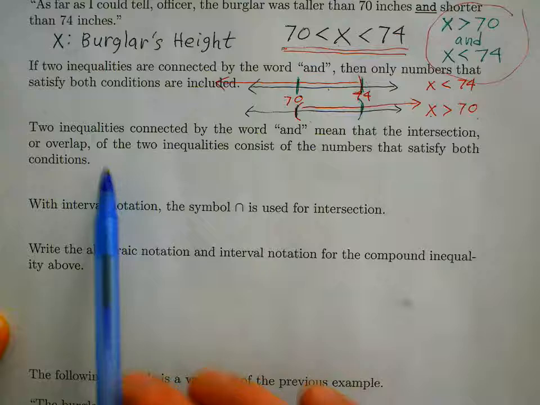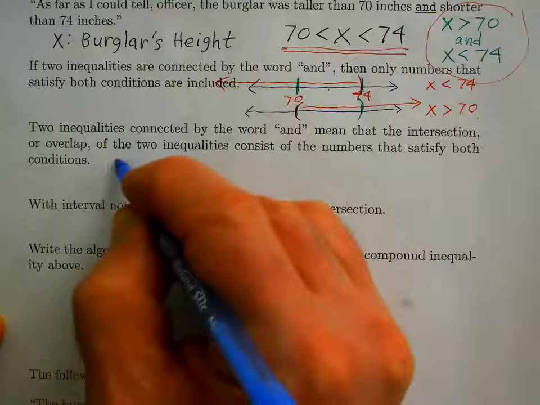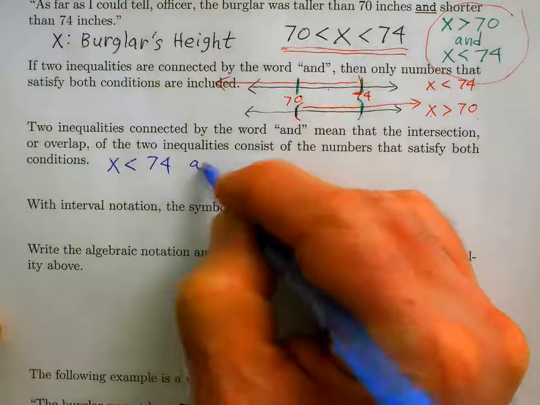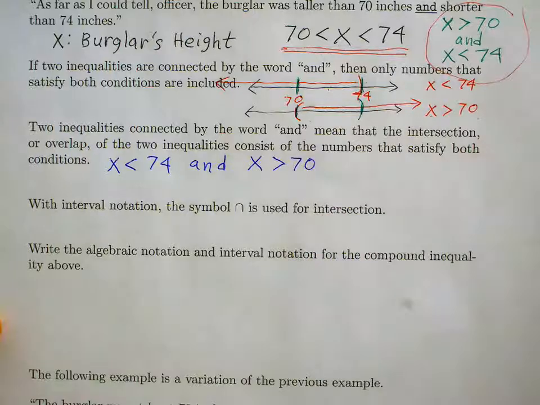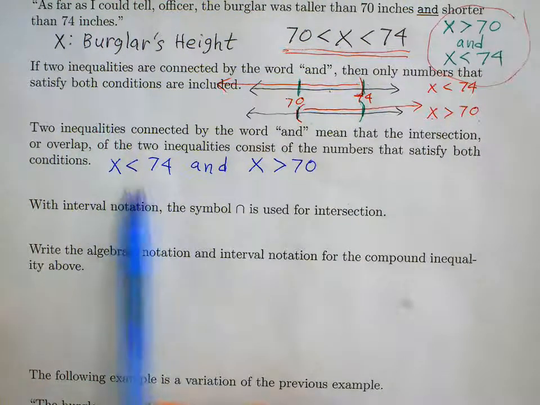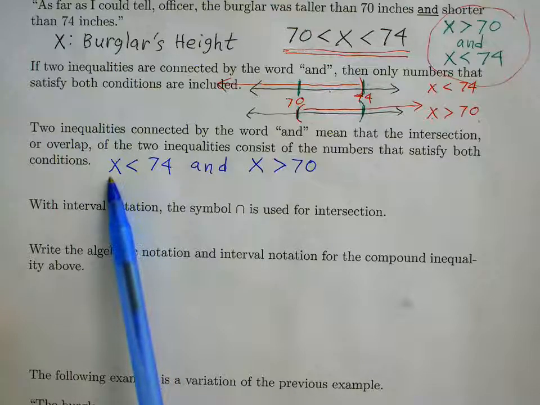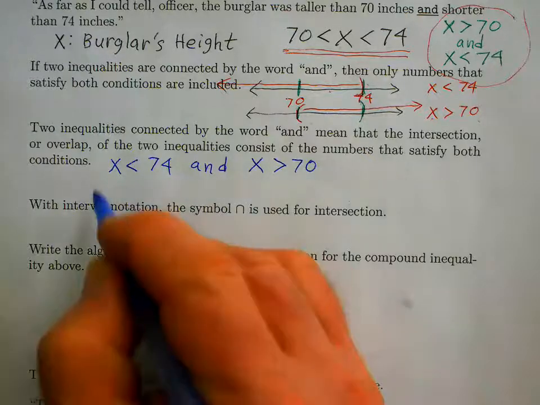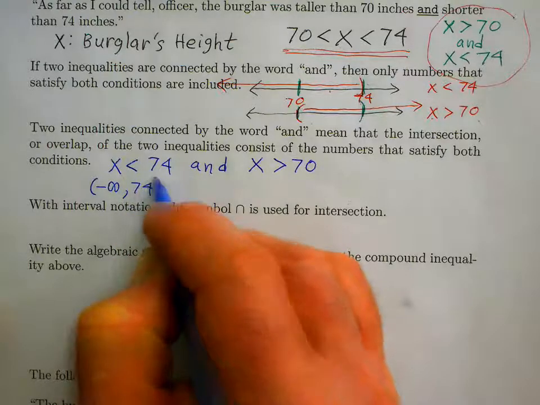Okay, so up here, let's look at the two inequalities separately again. Suppose I write x is less than 74 and x is greater than 70. Do you remember the interval notation for x less than 74? I alluded to that a couple of minutes ago. The interval notation for x less than 74 is parenthesis negative infinity comma 74 parenthesis.